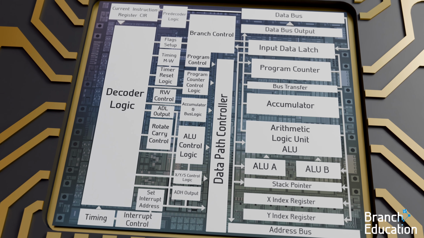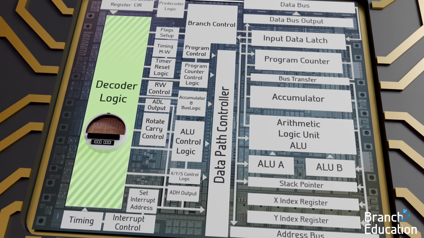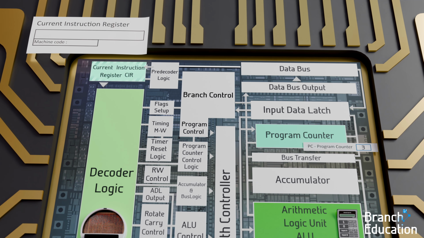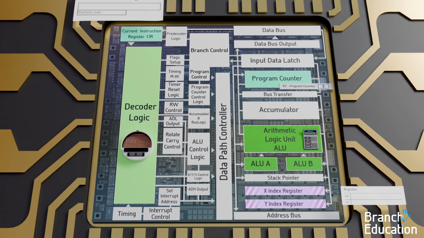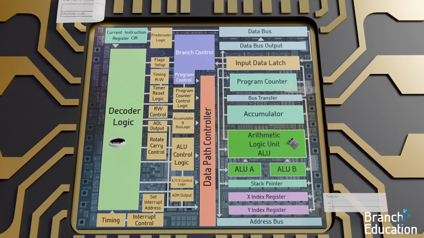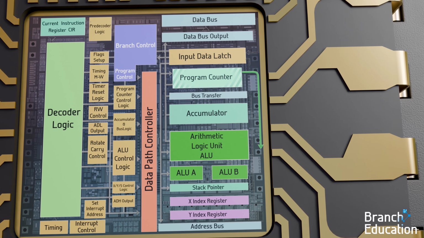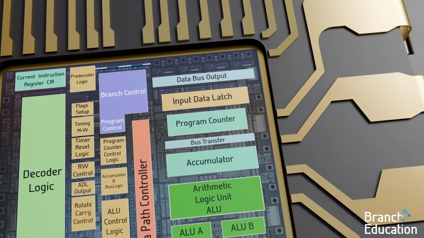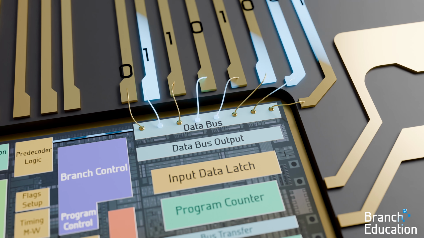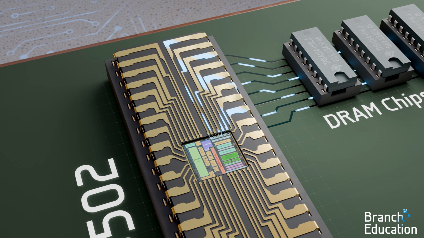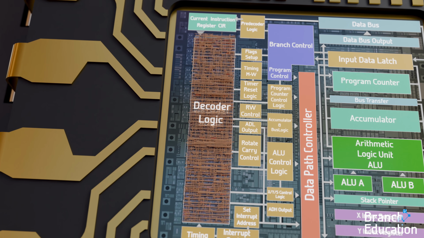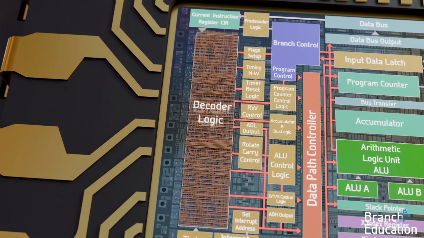In this diagram, you can see the instruction decoder, ALU, the program counter, current instruction register, the other registers, and a few other sections. Specifically, here's where the program counter is used to fetch an instruction, and here's where the instructions and data from the DRAM chips are bussed in and out. Finally, here's where the instructions are decoded, and the control signals are generated.